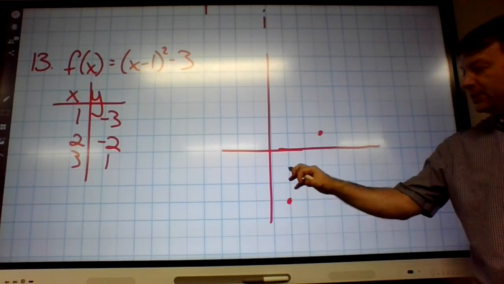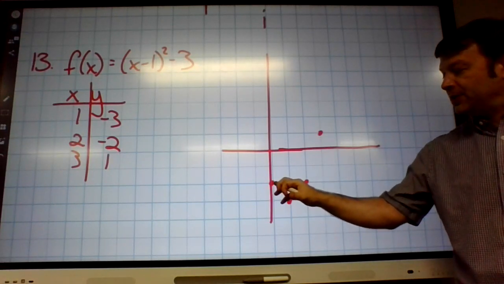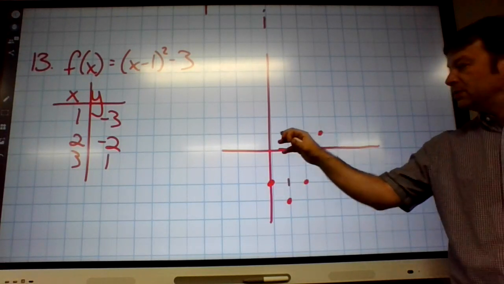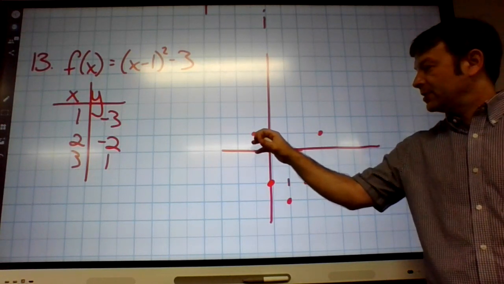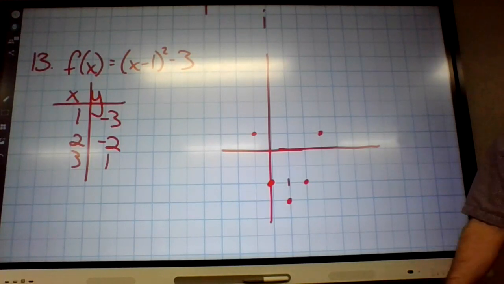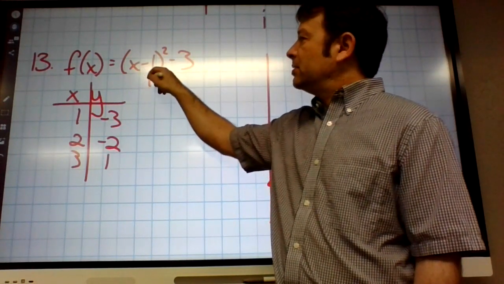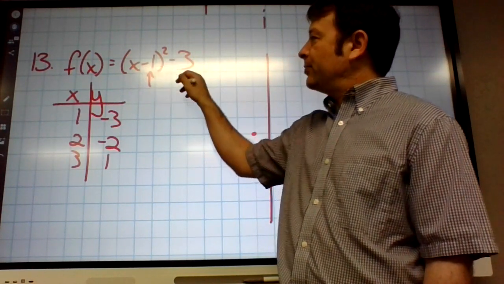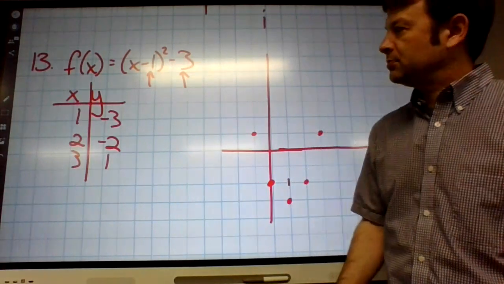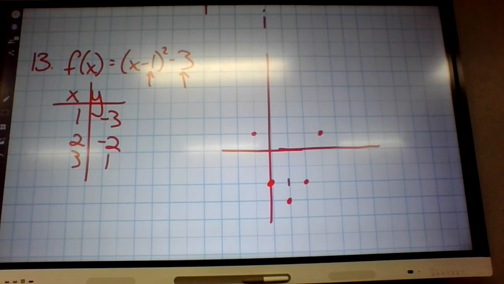So here's the middle. So this is going to reflect over here. This one's going to reflect way over here. How do we get positive? That moves the graph right 1, that moves it down 3. So the vertex is at (1, -3).